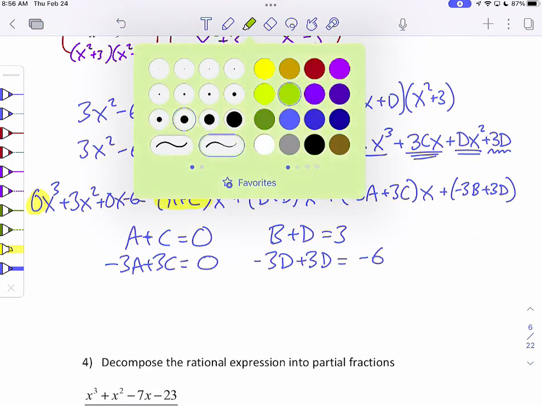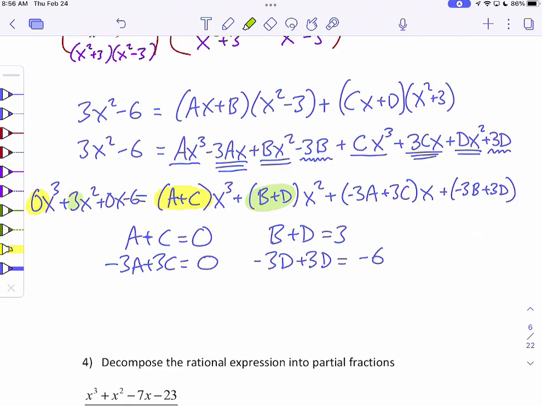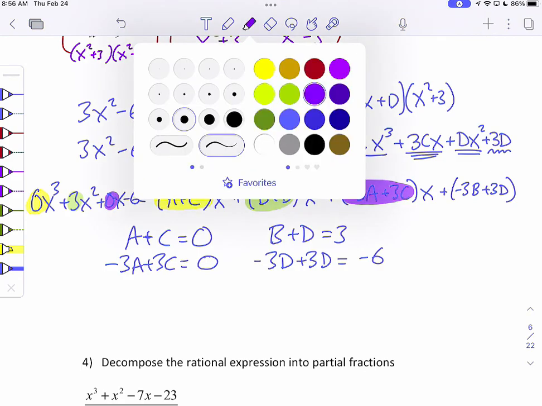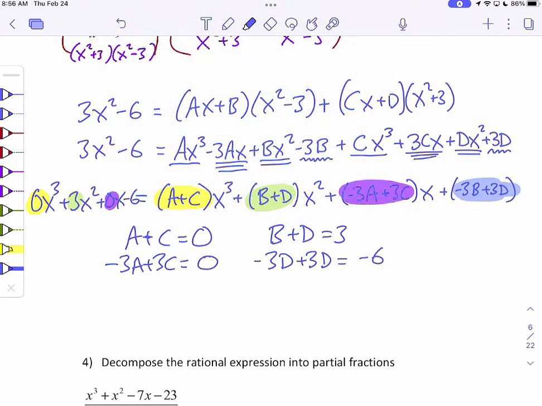B plus D has to be 3. A plus C has to equal 0, and negative 3b plus 3d has to equal negative 6 to make those polynomials equal. Following that a little bit? All right.